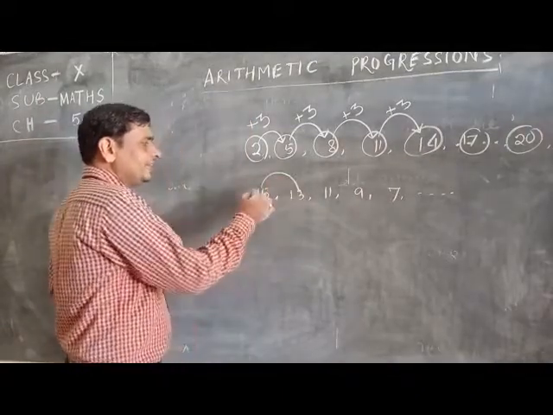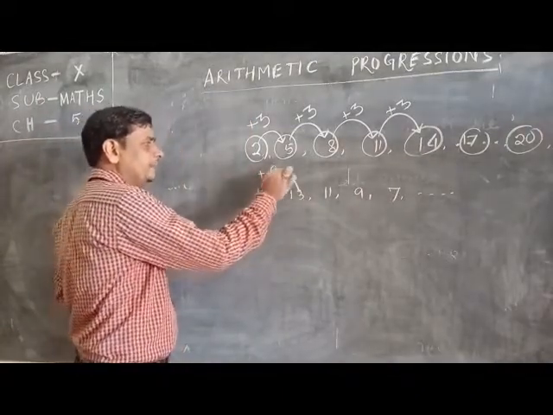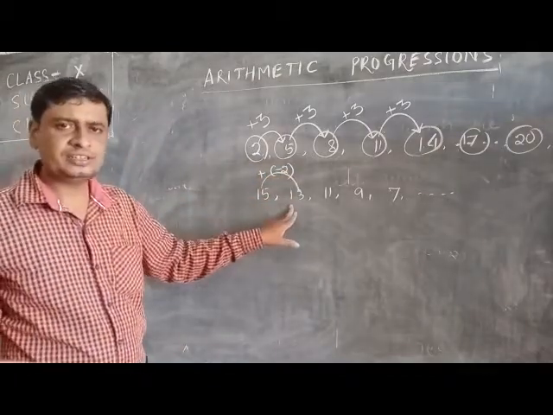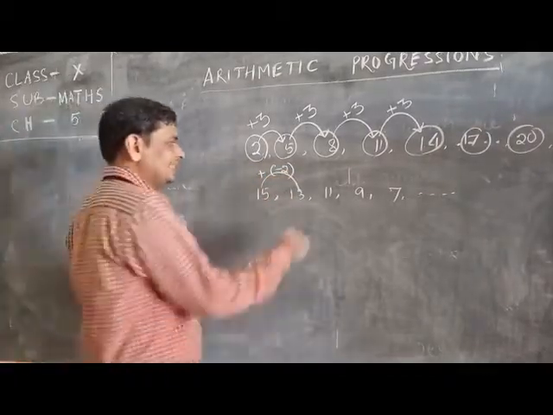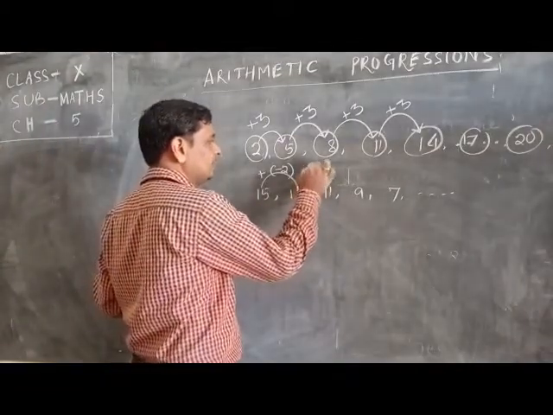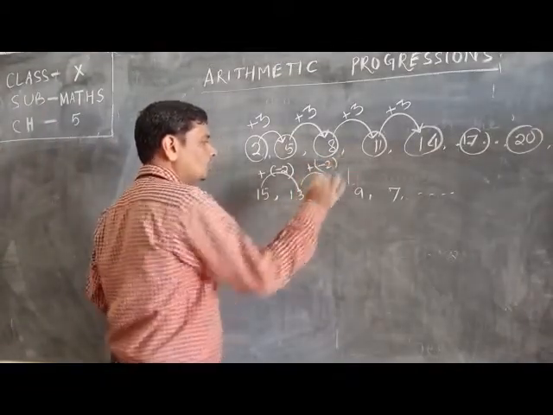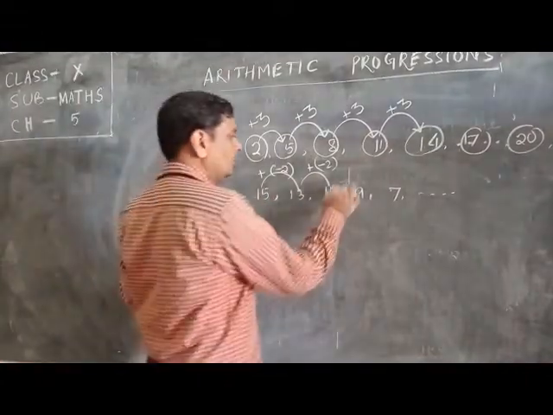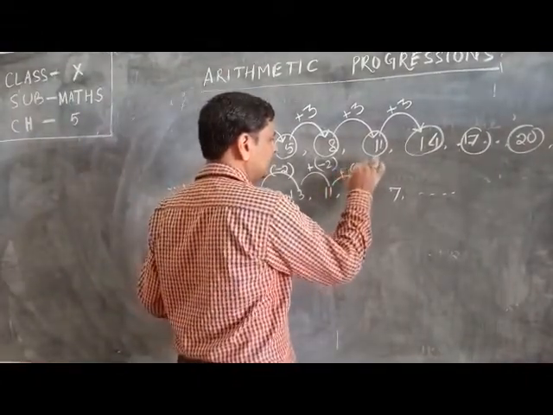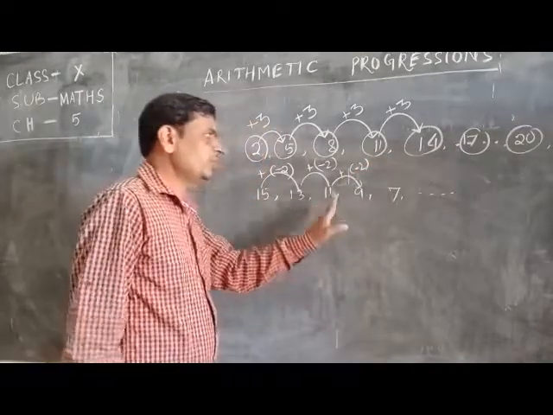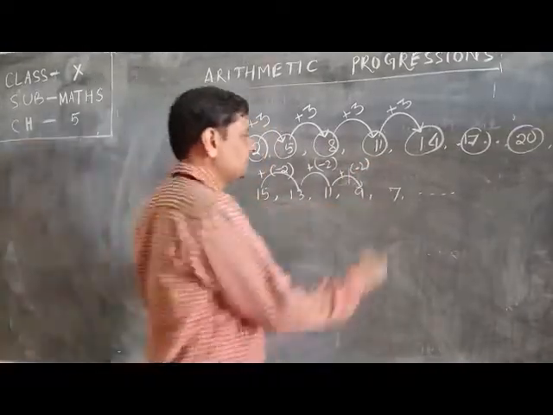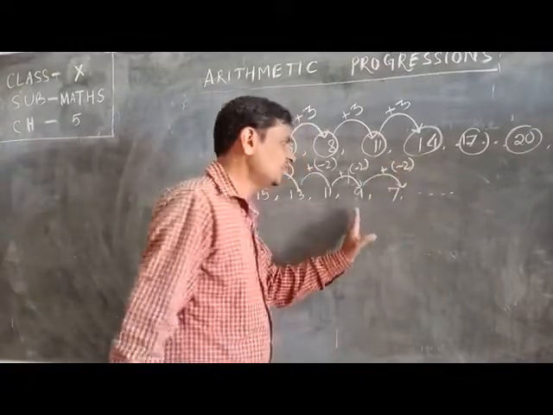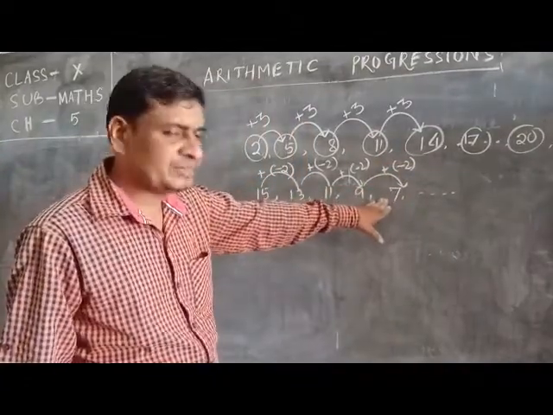When we add -2 to the first term, we get the next term. When we add -2 to the second term, we get the third term. When we add -2 to the third term, we get the fourth term. When we add -2 to the fourth term, we get the fifth term.